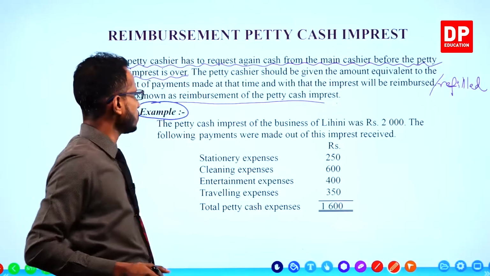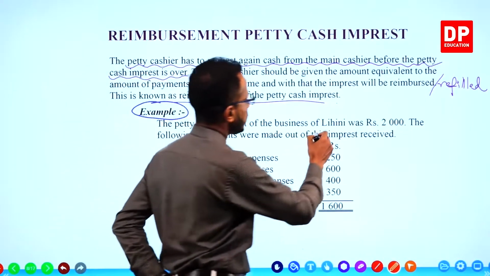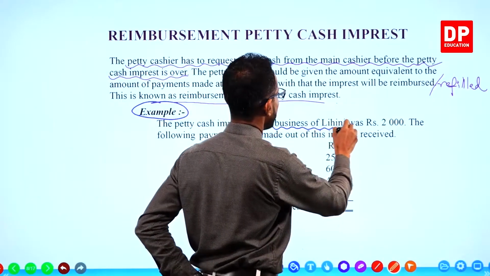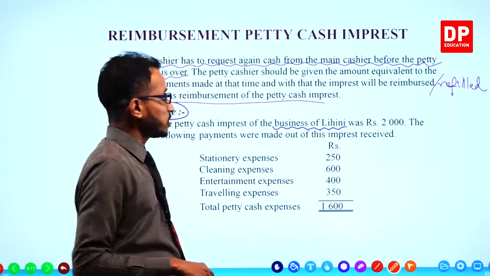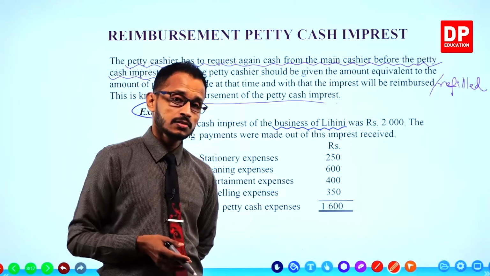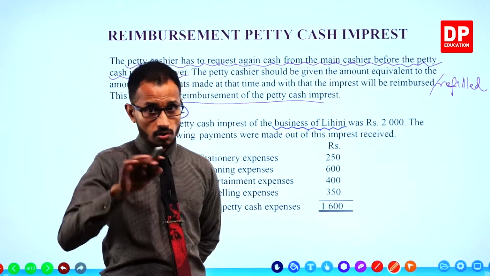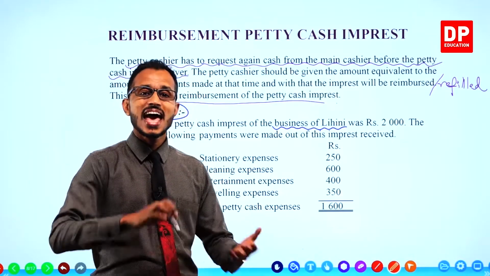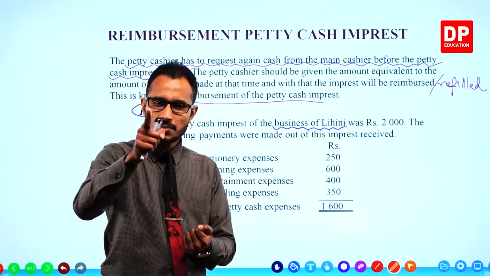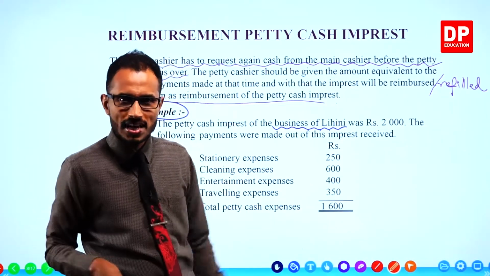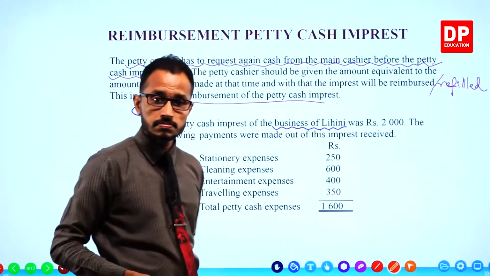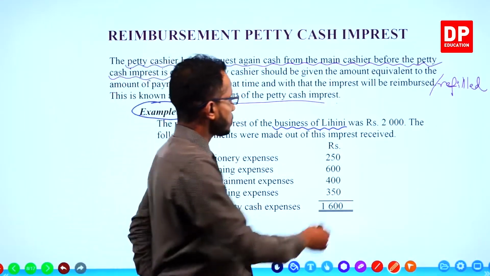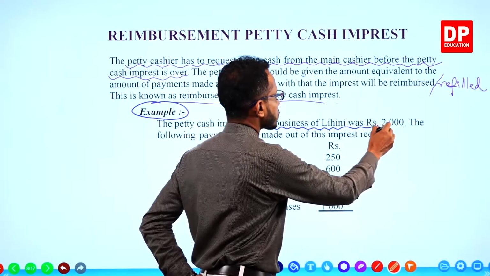Example, the petty cash imprest of the business of Lihini was 2,000, which means the entire amount that the petty cashier has at hand at the beginning of the month to do the petty cash transactions is 2,000. The imprest is 2,000.